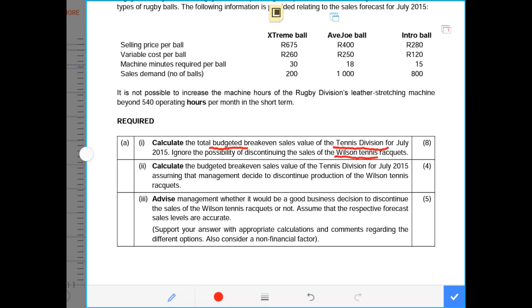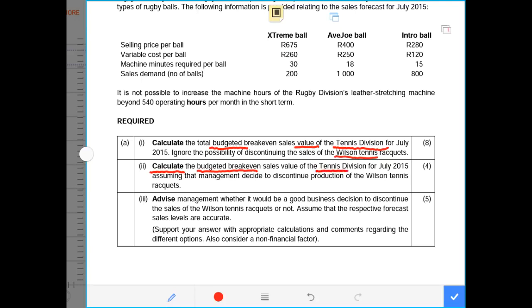And now we go to Roman figure 2 of question A. We are required to calculate the budgeted, take note once again, the budgeted break-even sales value. And previously it was also sales value, not just sales units. After we get to the sales units, we have to multiply that by the selling price to get to the break-even sales value of the tennis division.